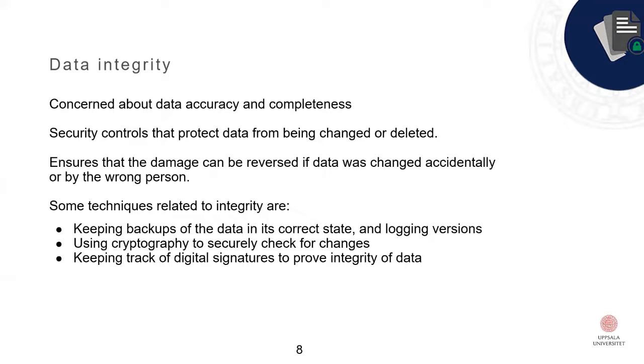We can also use cryptography to securely check for changes. We will talk about cryptography a lot in this lecture; it is the second part of the lecture. And we need to keep track of digital signatures to prove integrity of data. This will also come in the last slides of this lecture.